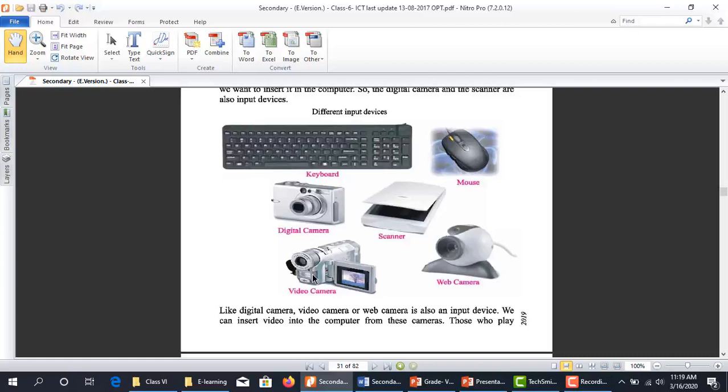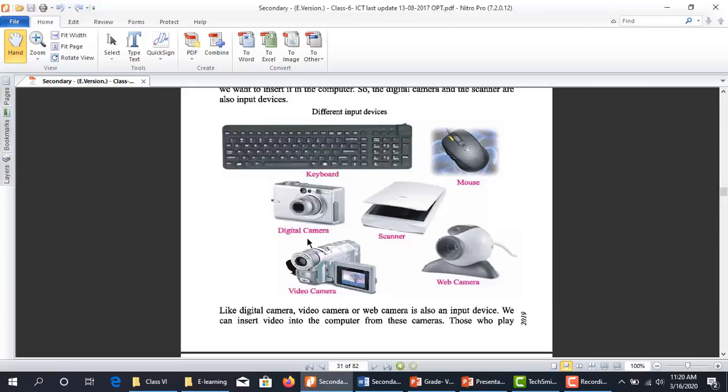When you take pictures, and we take all the pictures from the mobile, they come into our computer by USB cable. After that that will be input, and we can take the pictures to an output device like a printer, and we can print them.